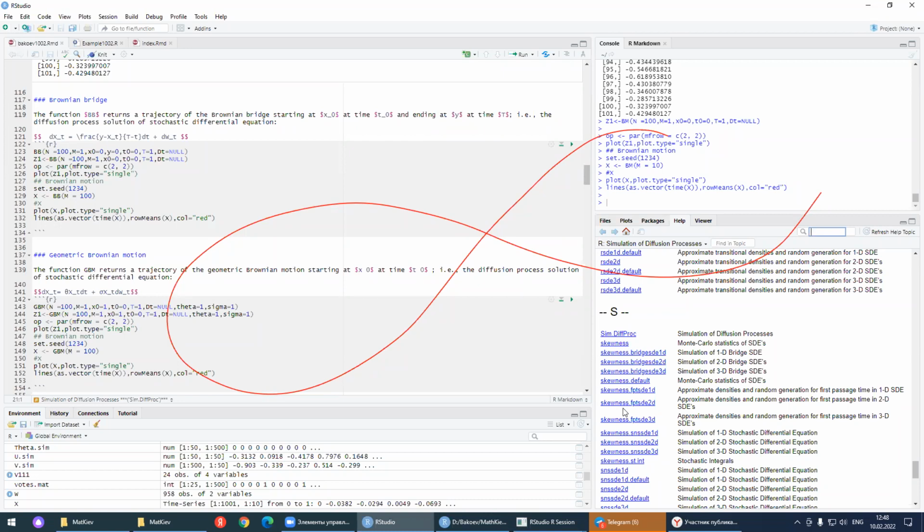I will simulate, because I don't research the behavior of the coefficients, because in my task I solve financial problems. In financial problems, usually the coefficients satisfy all conditions for existence of the solution.